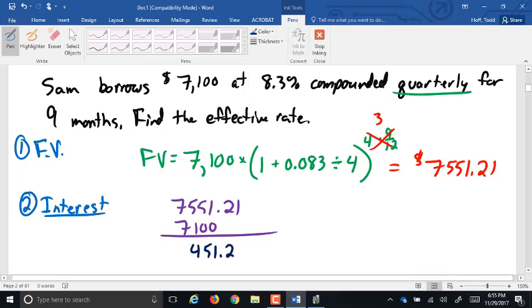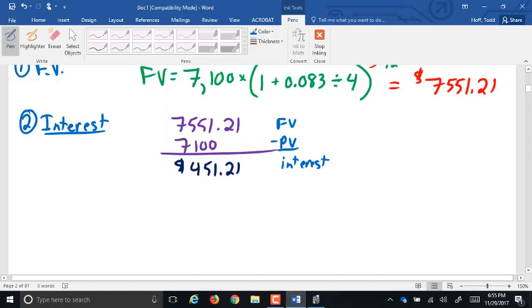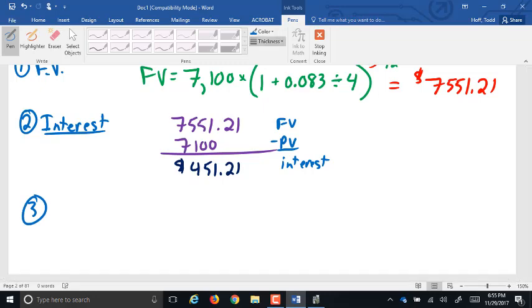So $451.21. So this is future value minus present value. And the final step, the effective rate.